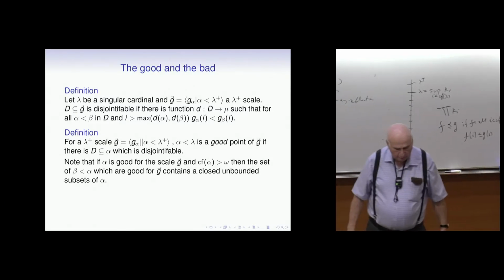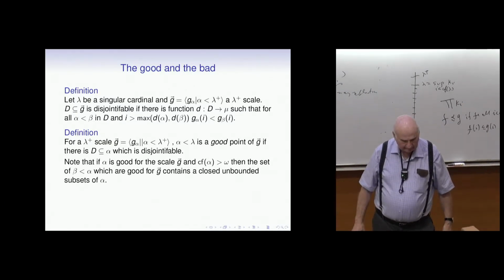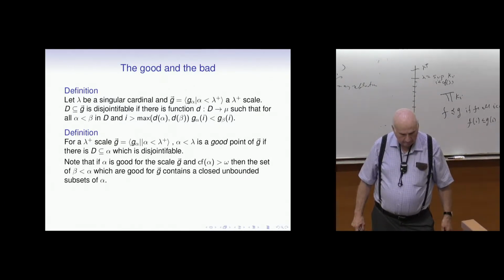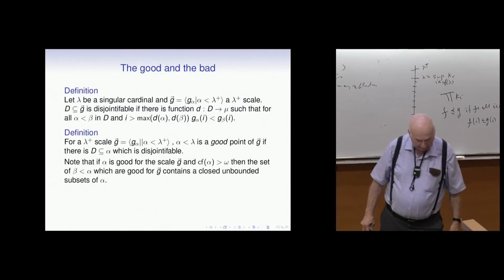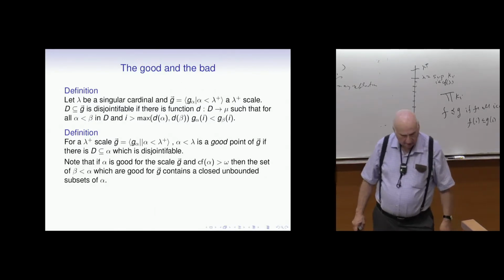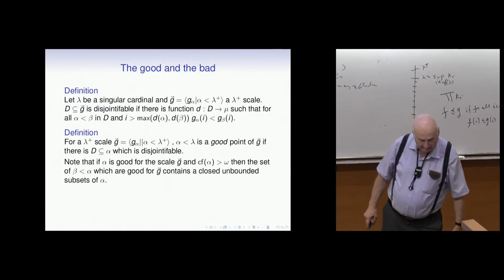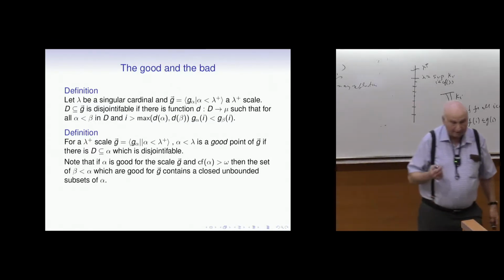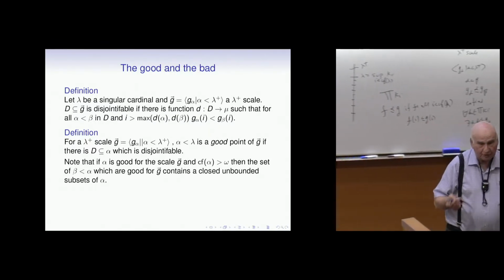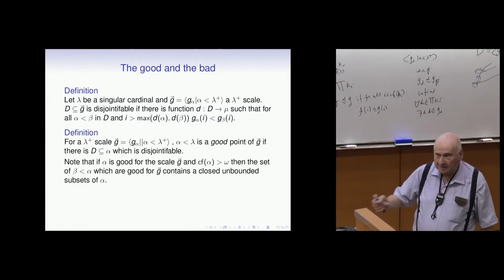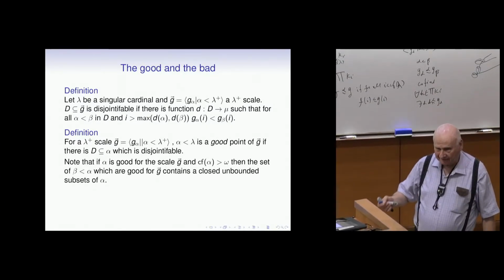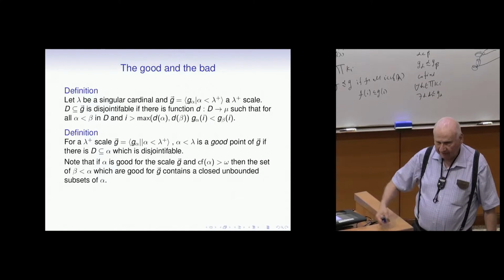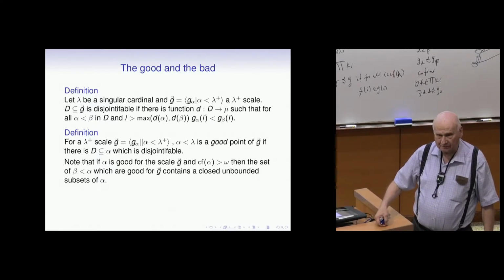Note that if alpha is good and the cofinality is bigger than omega, then the set of beta which are good for G contains a closed unbounded subset of alpha. Why is that? For a very simple reason. If you have a cofinal set which is disjointifiable, then every initial segment of that disjointifiable set is a disjointifiable set.